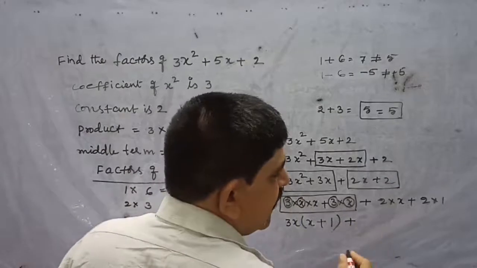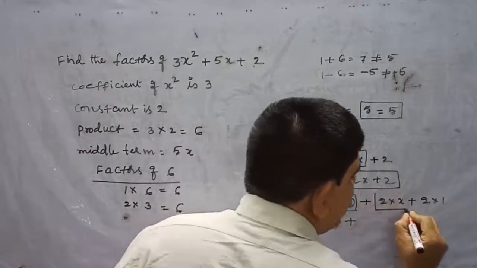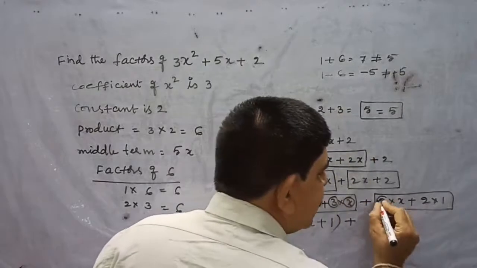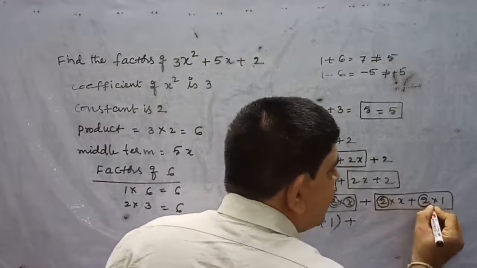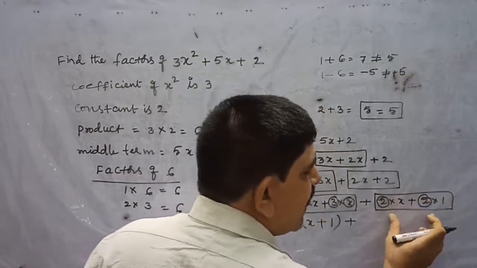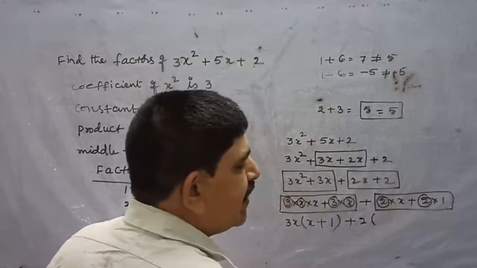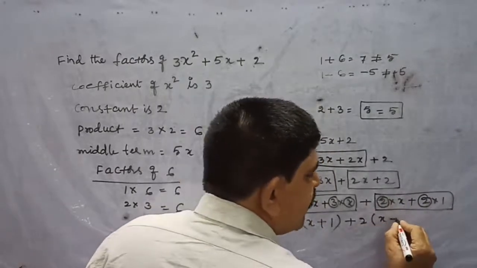Next, the second part. In the second part, what is the common factor? Here 2 and here 2, so 2 is the common factor. Taking out 2, write the remainder: x plus 1.